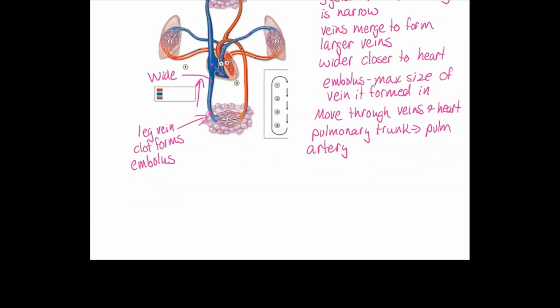Okay, arteries branch out as you move away from the heart. Here you can see the pulmonary artery branching out. And as they branch, they get smaller. So as this embolus is moving into the lungs, it gets into these smaller arteries, and now it's going to find a place where it gets stuck.